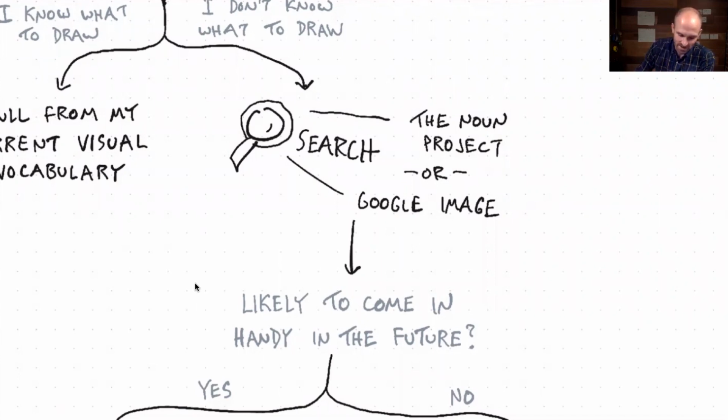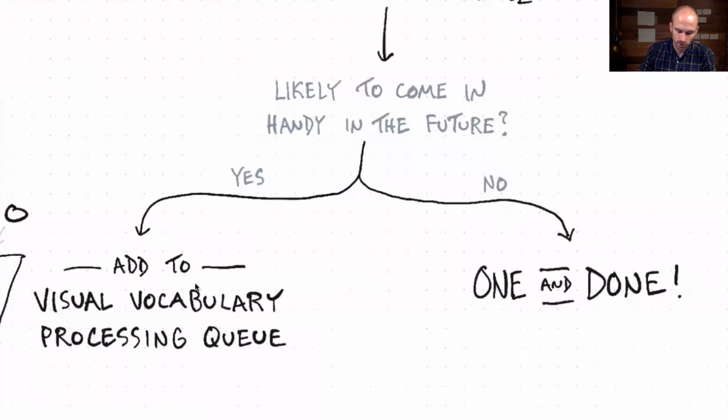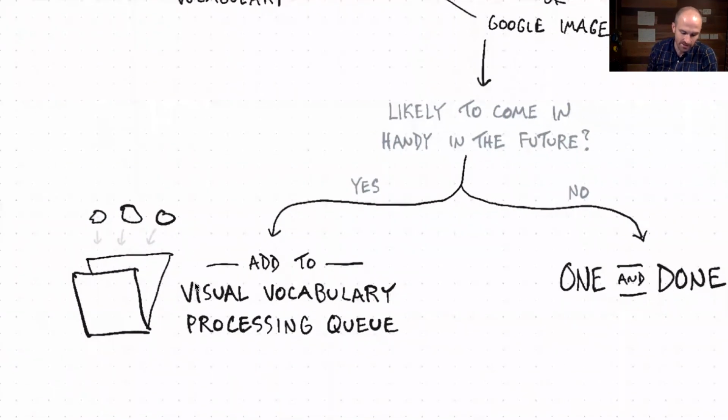And then a new step that I've added that I haven't yet implemented, but I think I might like to do in the future, is after I've completed the sketch note, ask myself, how likely am I to want that visual within my practiced visual vocabulary? Is that icon, that sketch, likely to come in handy in the future? If so, then I'll add it to my visual vocabulary processing queue.